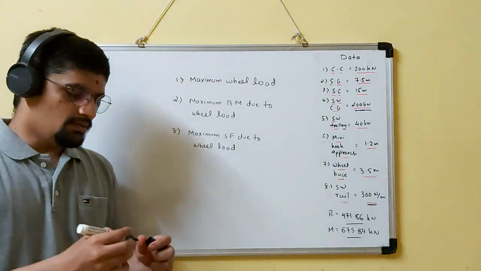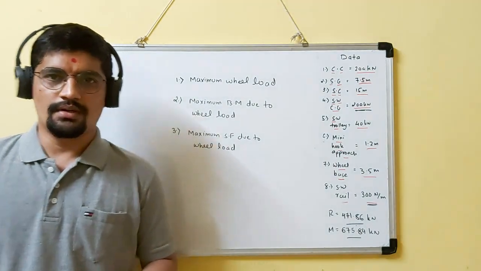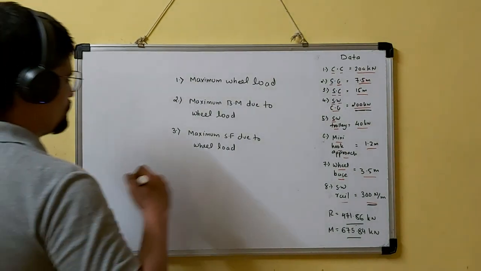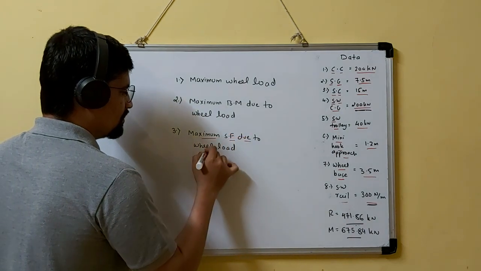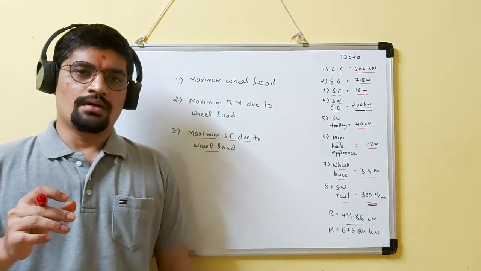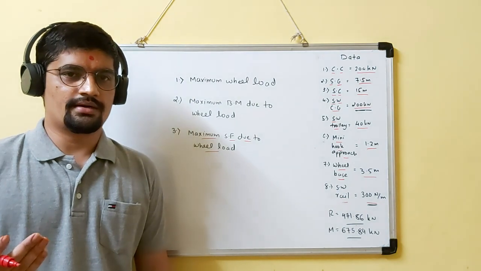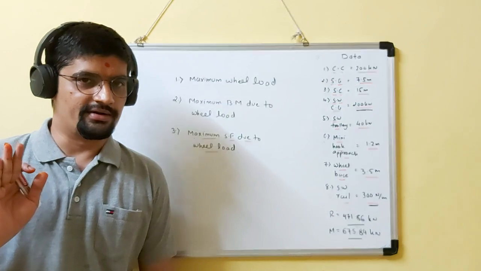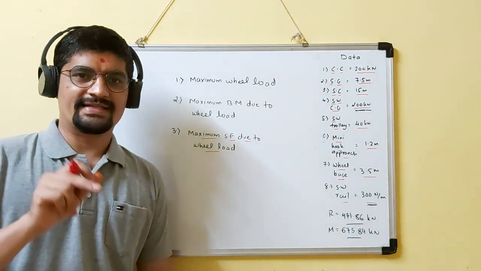Now today we are going to cover more steps, the maximum shear force due to wheel load. There are some other wheels also on the gantry girder, in addition to the crane girder. The crane girder has two wheels on each side.